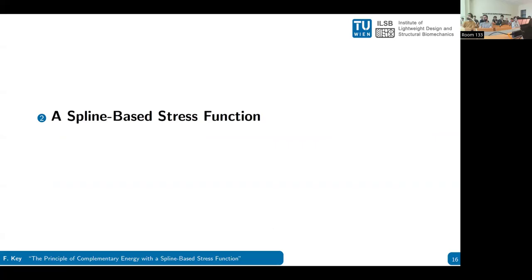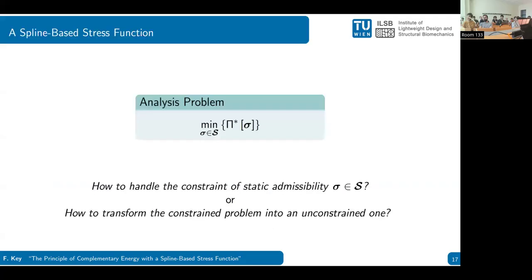Okay, so let's start to have a look at this Spline-Based stress function. The starting point is this analysis problem that you've seen before. We would like to minimize the total complementary energy as a function of stresses with respect to all statically admissible stress fields. And the question is how to handle this constraint.